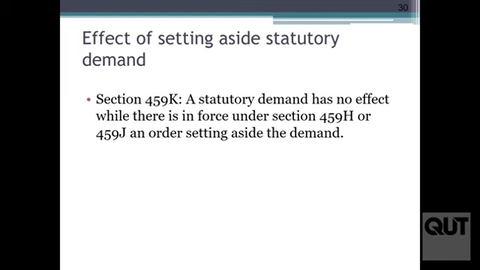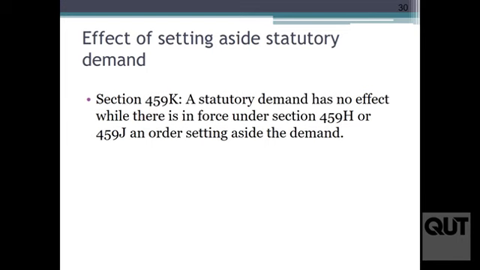Now, this doesn't mean that the debtor company is totally out of the woods, because the creditor can possibly also apply to have the debtor company wound up by simply proving insolvency, remember, rather than relying on a presumption. So what we've been talking about is one of those presumptions of insolvency, haven't we?